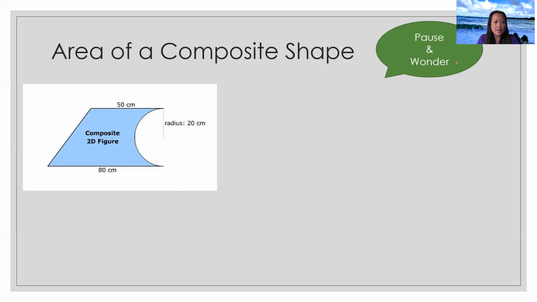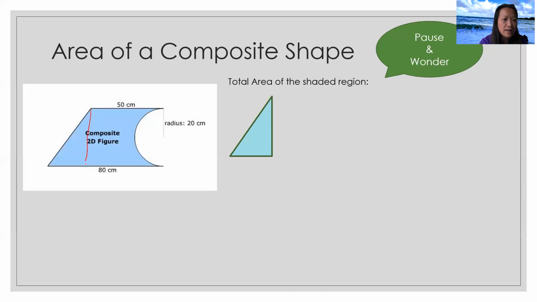This is how I see it. I see the total area of the shaded region being a triangle. That would be this one right here, that triangle. And I also see a full rectangle, that rectangle right there.